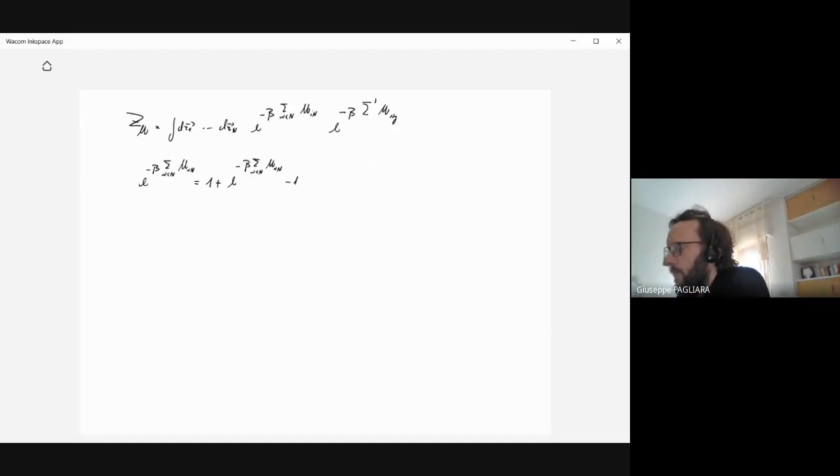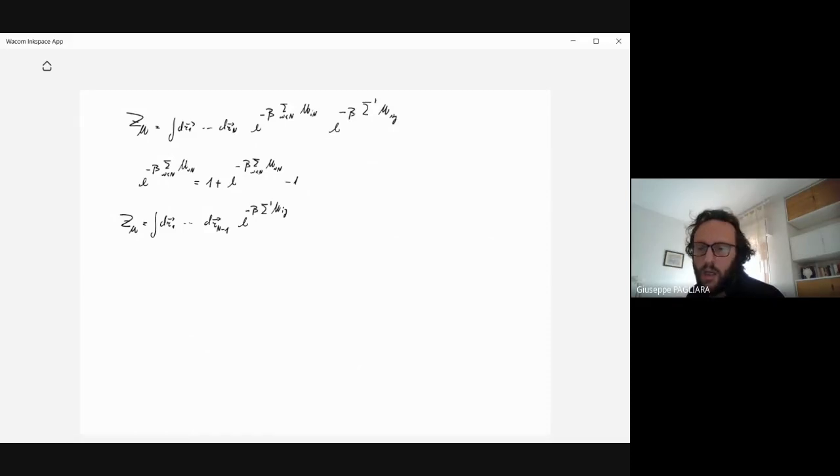In this way, Z of u is equal to, let me factorize all the integrals on the position of all the particles but for particle n, dR_1 to dR_(n-1), therefore. And then I have the exponential of minus beta sum prime of u_ij, where, as I said before, this exponential does not contain the dependence on R_n.